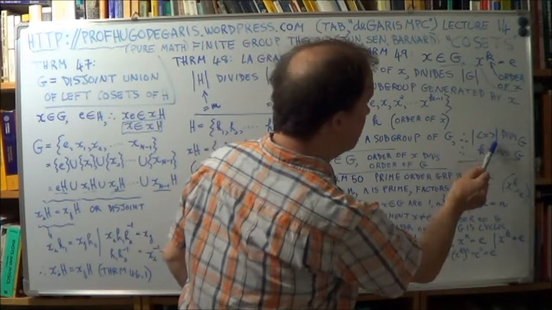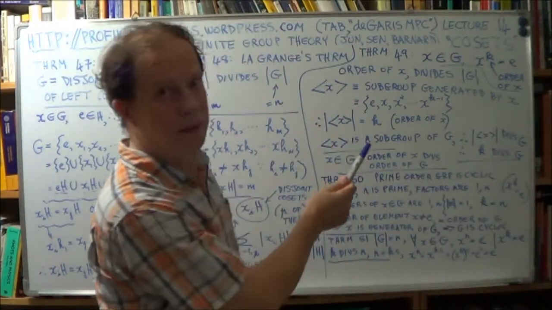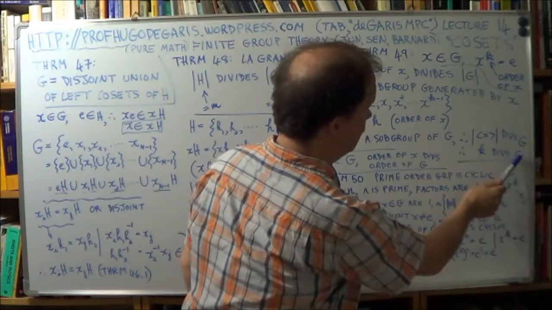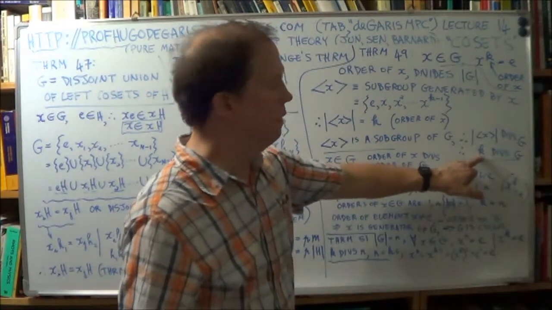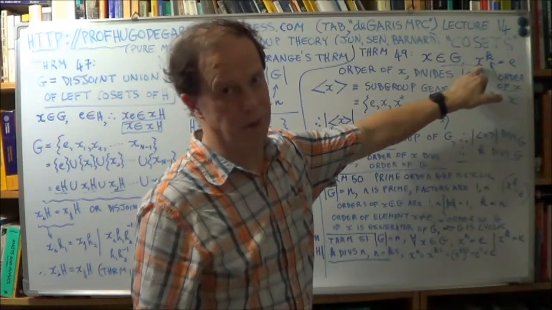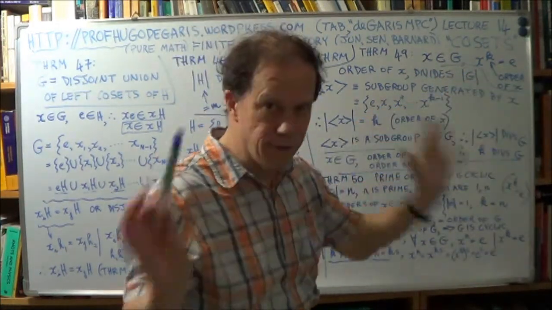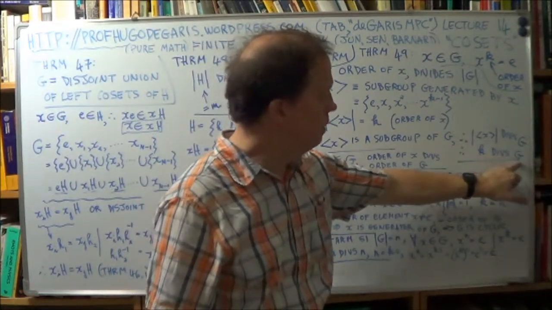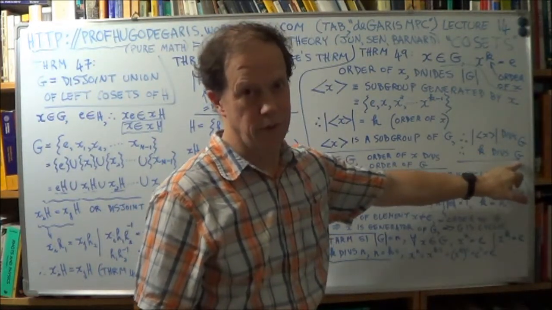Okay, but what is this? Well, it's just k. Right? Therefore, k divides G. But what's k? k is the order of the element, any element. Right? Therefore, the order of an element divides the order of the group.